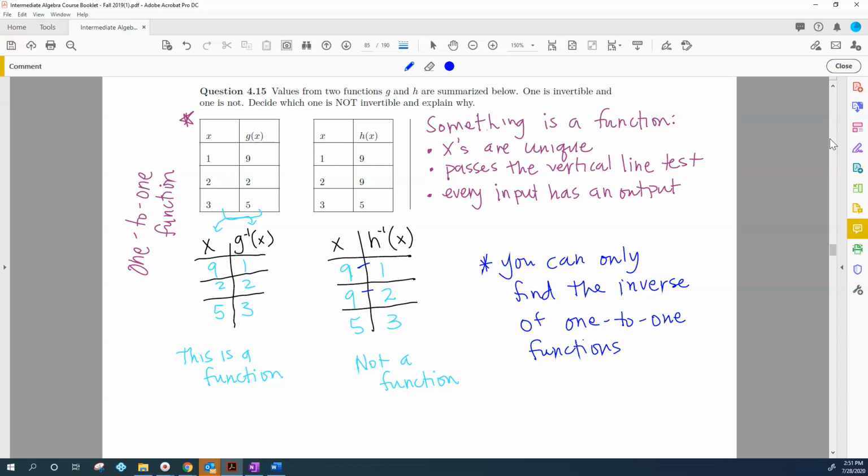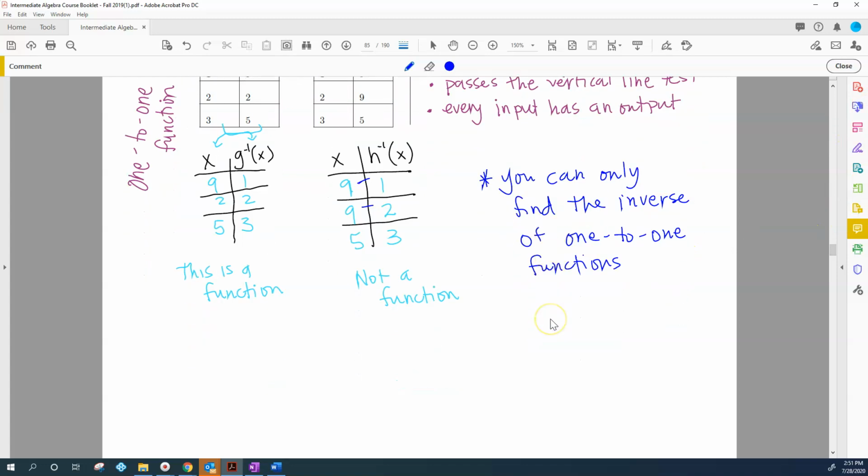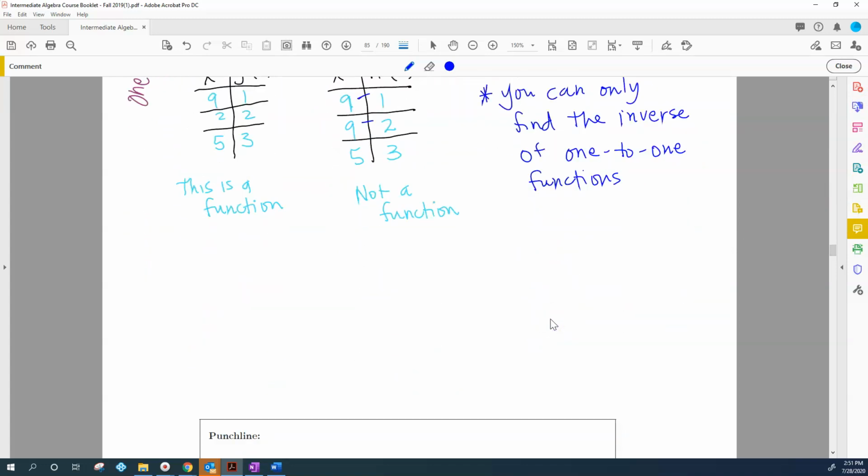And then we're going to talk about something called the horizontal line test now. Okay? So I'm just going to give you a little function here, right? A few different things. So if I have this, right?